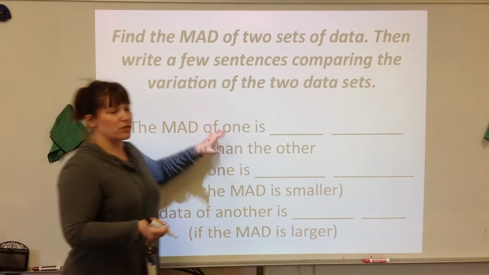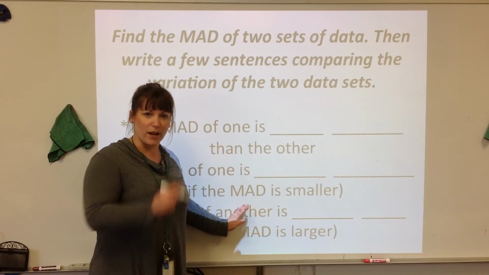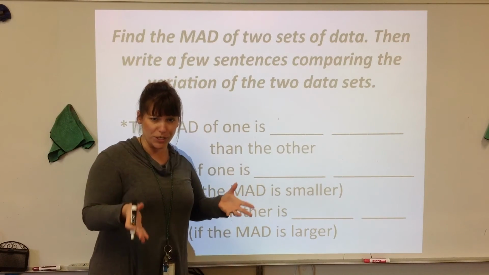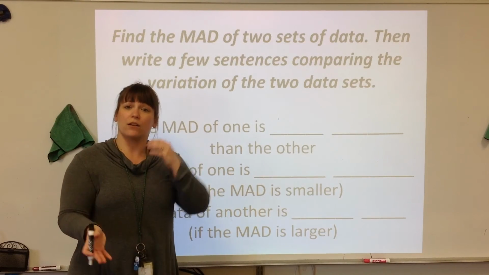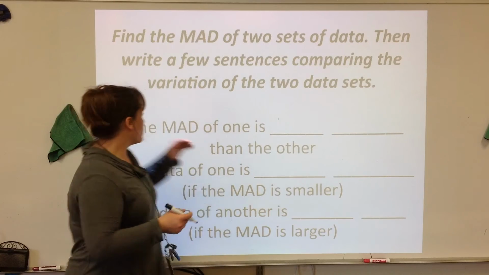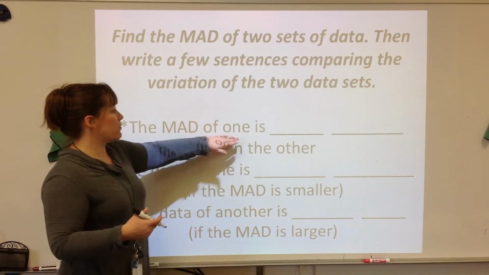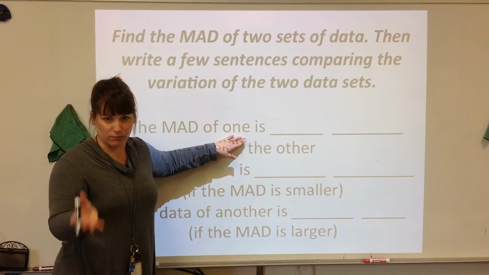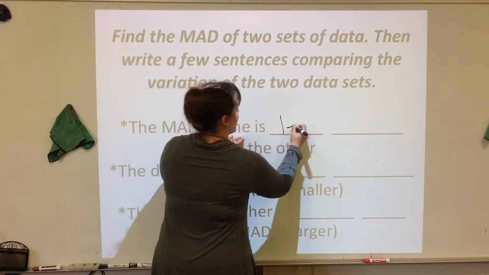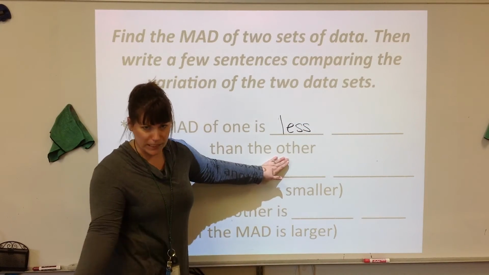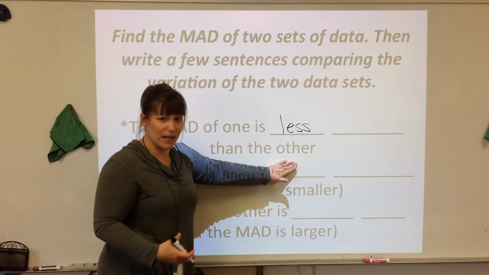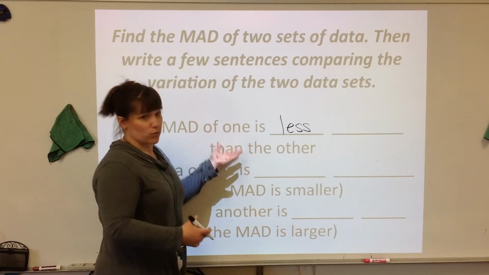These are some tips that you can write down along with me on your white sheet. One thing that you could say is using those words less or greater. So you could say that the MAD of one of them, say Allie's, is less than the other one, which is Lena's. So 4 is less than 5.5, so that's one thing you could say.